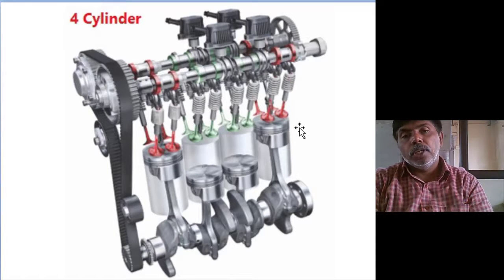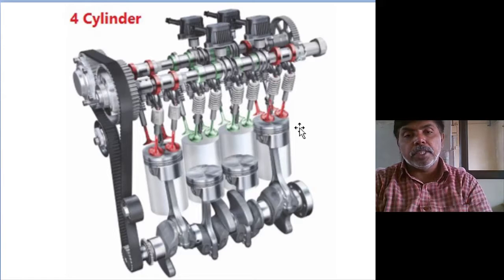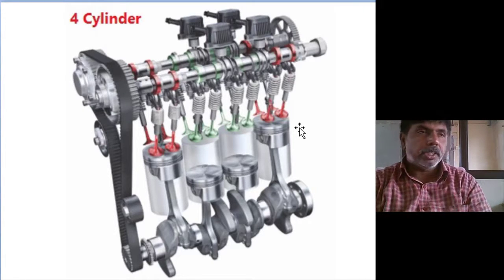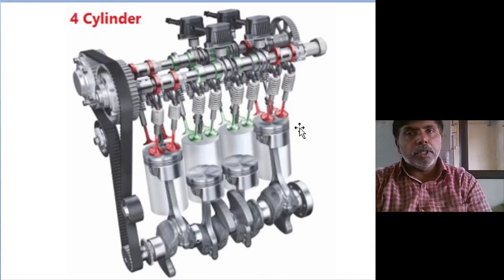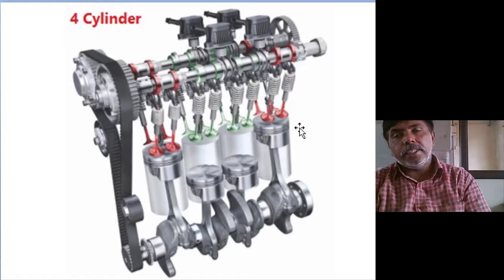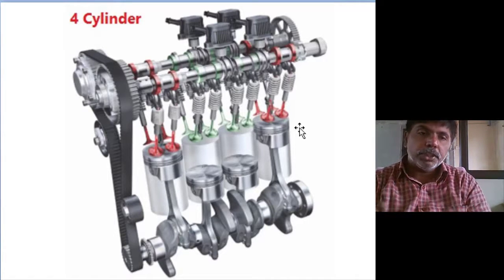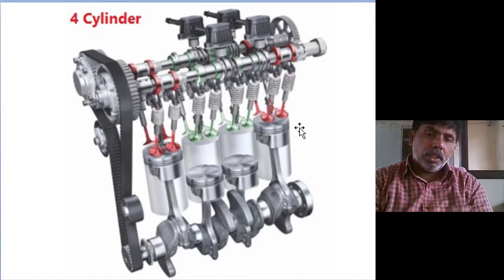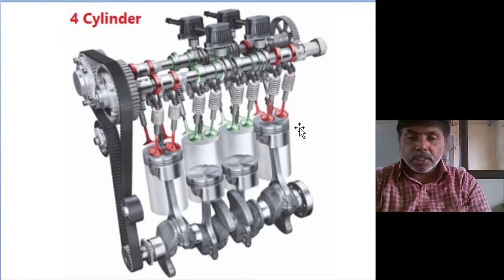Suppose I am running the engine at 1500 RPM with some load. Whatever brake power is generated by the engine at 1500 RPM, first I mark that brake power, measured using any type of absorption dynamometer or transmission dynamometer.